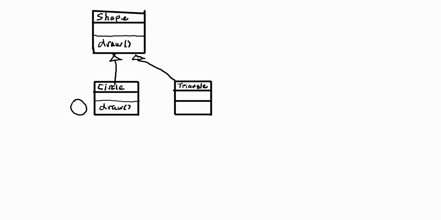And my triangle is also going to have a draw. Now, its draw is going to be implemented differently, and it's going to draw a shape that looks like a triangle. Right. I could go on, and I could make another class.